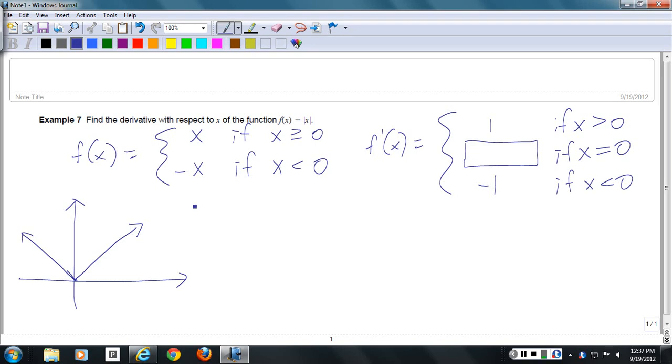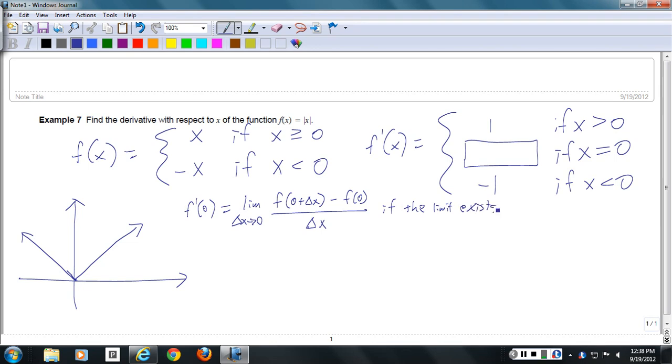So we have to do it like this. If it exists, f prime of 0 would be the limit as delta x approaches 0 of f of 0 plus delta x minus f of 0 all over delta x. That's the definition of derivative, if the limit exists.